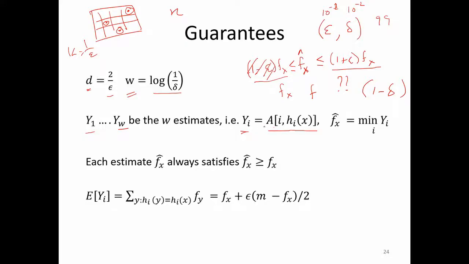What we return at the end is the minimum over these. But first, suppose we did not return the minimum; what kind of bounds can we give on the yi themselves?